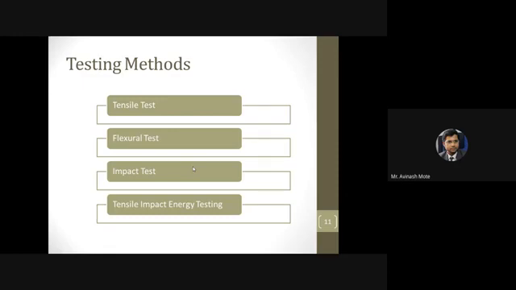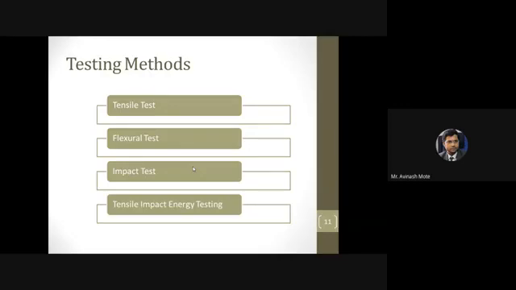Now see, we already know that plastic is used for so many applications, and depending on the application a different test is required. If I am going to use that plastic material in machine parts, in some heavy duty parts, then the tensile test is important.